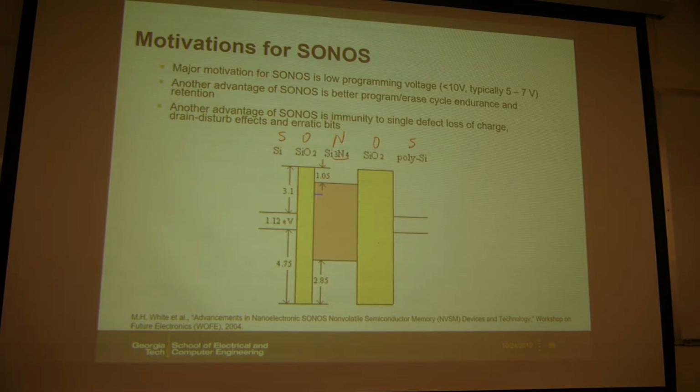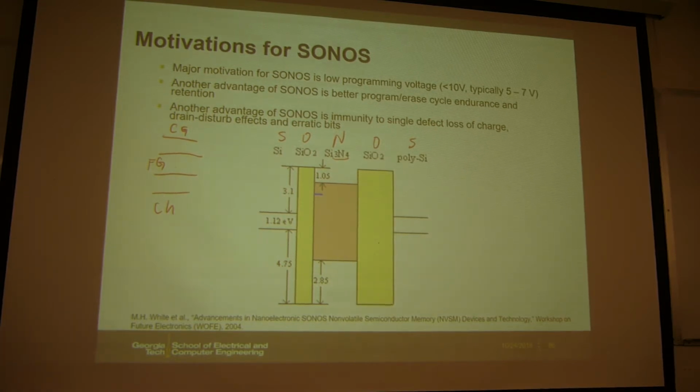The key difference between the floating gate is that in the floating gate, you have this polysilicon. This is your channel, this is your control gate. And when the electron enters the floating gate, because floating gate is polysilicon, it's a piece of conductor. Because you dope that polysilicon, then the charge can move.